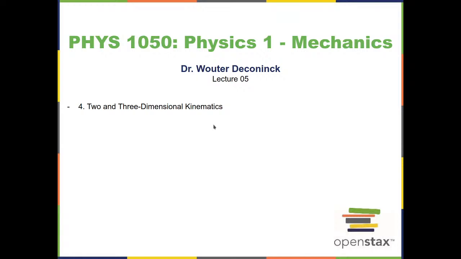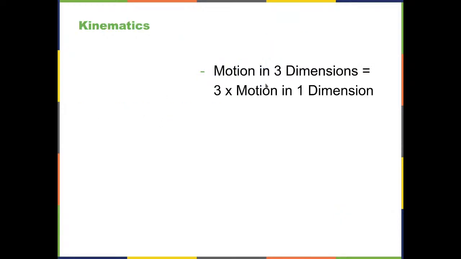We've talked about one-dimensional kinematics, so motion along a straight line, and now we're going to be talking about 2 and 3-dimensional kinematics. Now it's going to be easy. Motion in 3 dimensions is essentially 3 times motion in 1 dimension. One of the great benefits of kinematics is that we can treat the motion in the 3 directions, x, y, and z, as independent motions.